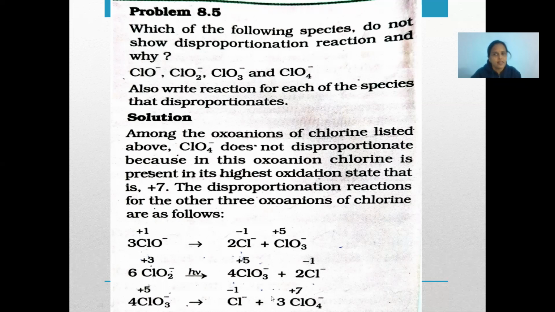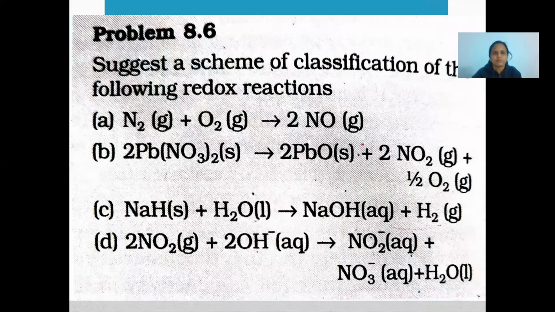So this is again a case of disproportionation reaction. So ClO4 minus alone does not undergo disproportionation reaction because the oxidation state of chlorine in this oxoanion is its highest oxidation state of +7. Hope this question is clear to all.